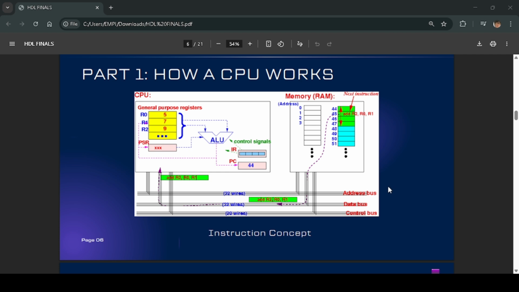A program like a web browser is simply a sequence of millions of these instructions stored in memory. The entire list of instructions a CPU supports is its instruction set architecture, or ISA. This is the fundamental interface between the hardware and software, and its design, whether reduced or complex, RISC or CISC, has been the central battleground in CPU evolution.